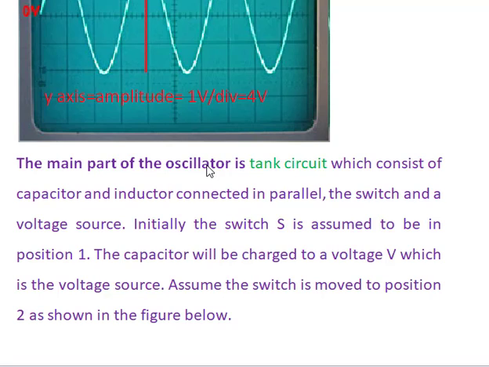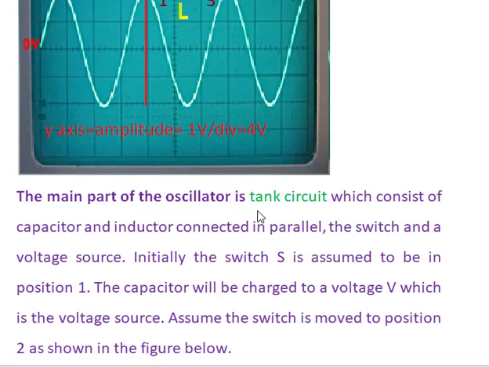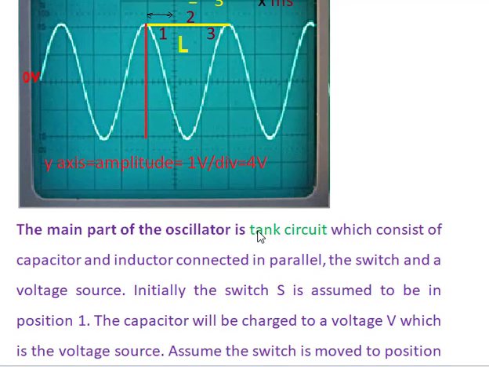What is an LC oscillator? If the tank circuit of the oscillator consists of a capacitor and inductor, this type of oscillator is called an LC oscillator. They are the Hartley and Colpitts oscillators.